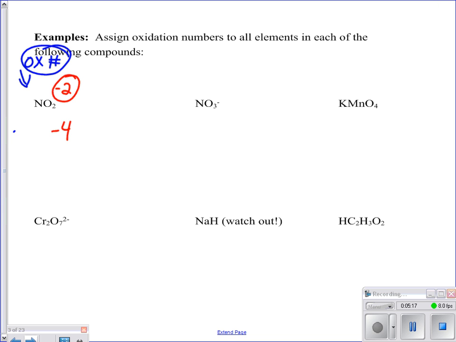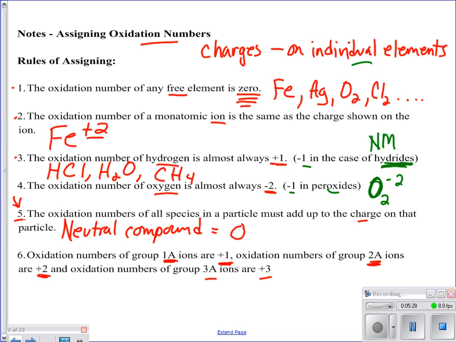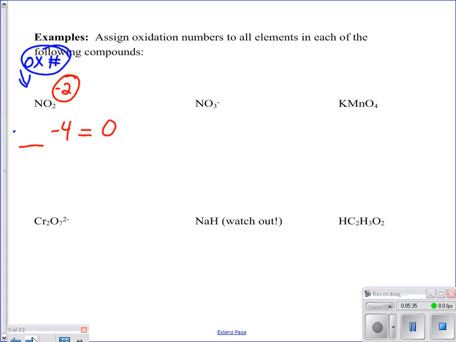Well, I know that when I add up my nitrogen's total charge and my oxygen's total charge, what is it going to equal? 0. That goes back to rule number 5, that the oxidation numbers add up to the charge on that particle. Well, it's just a neutral compound, NO2, so it's going to add up to 0 in this case, meaning nitrogen would have to be a +4. You've only got 1 nitrogen, so that 1 nitrogen has to be a +4.